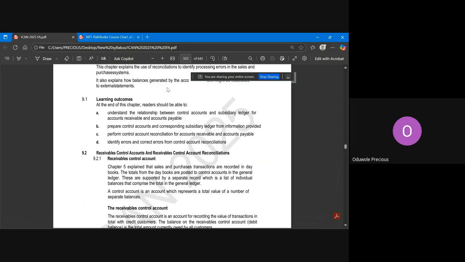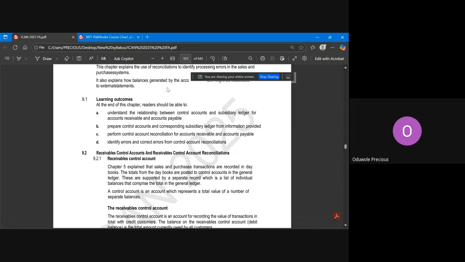You already have a balance of who your receivables are, and you still have all those things that are related to receivables. So what do you use to adjust for that? That's your control account. That's exactly what it is used for.